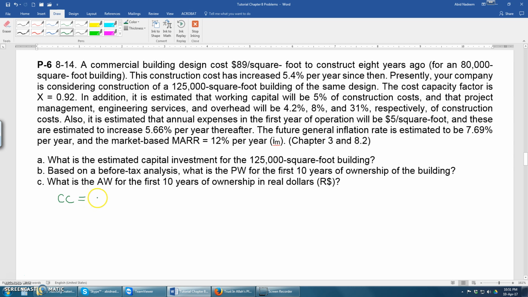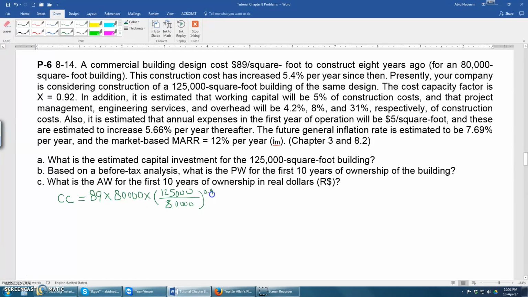by this expression. So for example, $89 per square foot, and the cost for this $89 per square foot for an 80,000 square foot building was this, and then this cost will be increased by the size. The current size is 125,000 square feet divided by 80,000 square feet, which was the size before, and the cost capacity factor is 0.92.